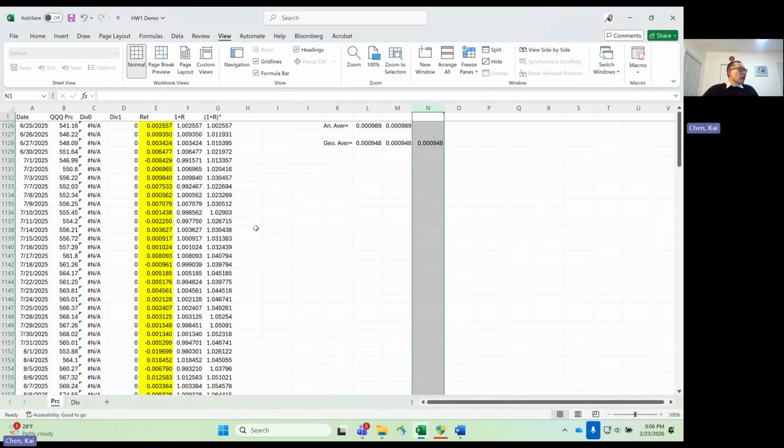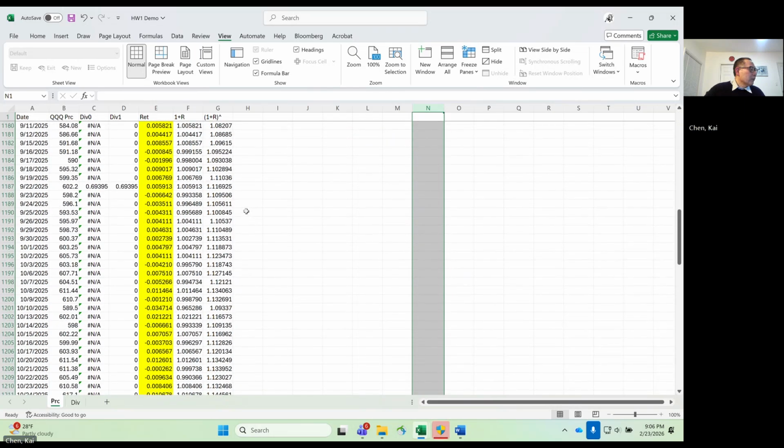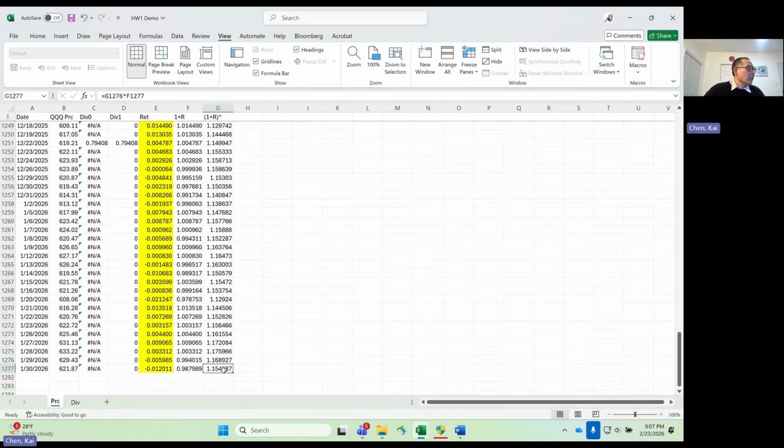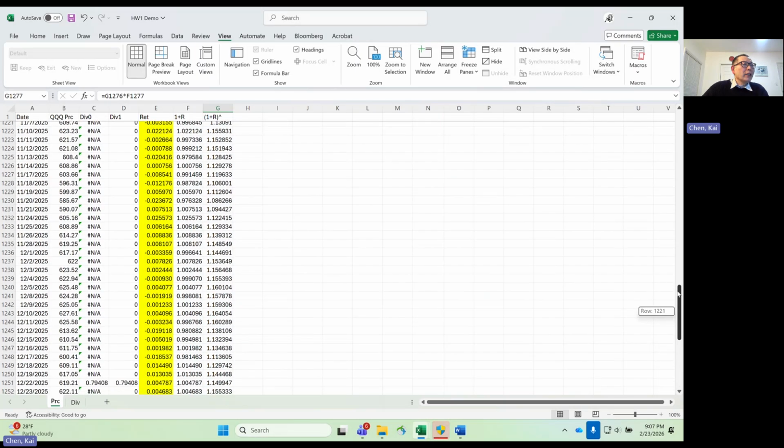If you remember the formula, this number minus 1 is the cumulative return, right? So this number is in the cell G1277.